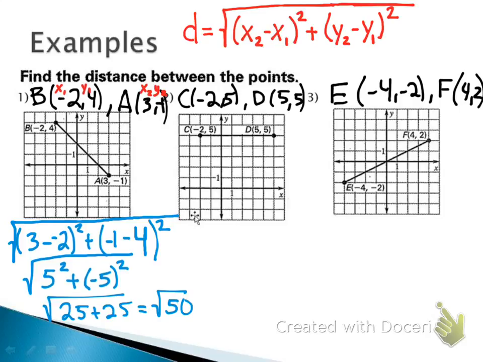Probably 7 point something. 7.0. What's after the 0? 7.1. Very good. We're going to round to the nearest tenth. All right. Raise your hand if you've got questions.